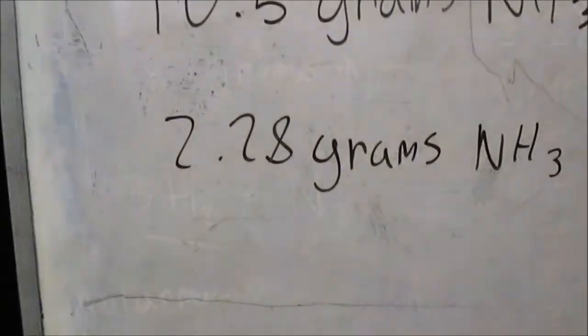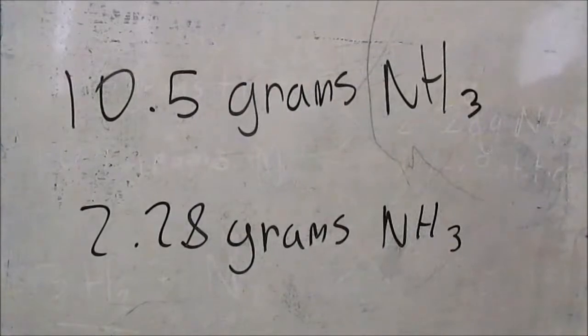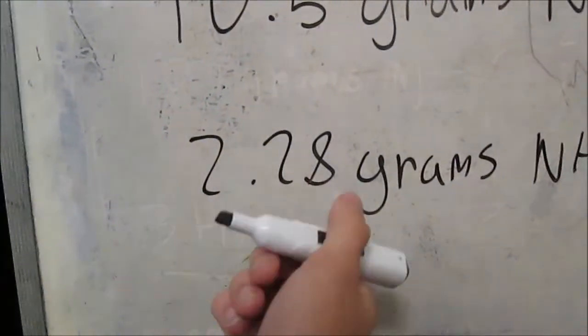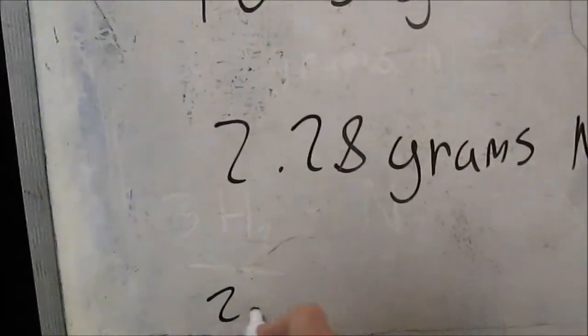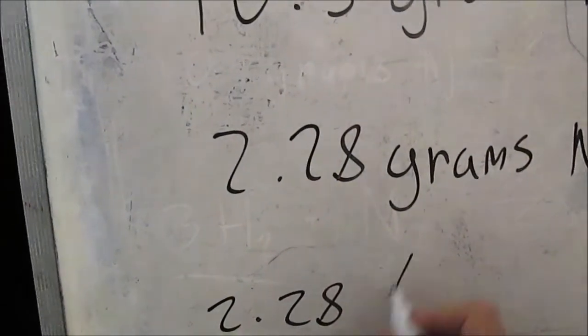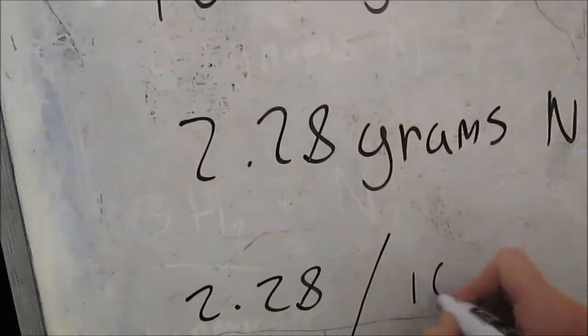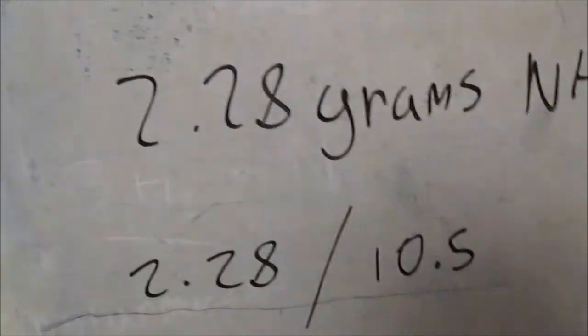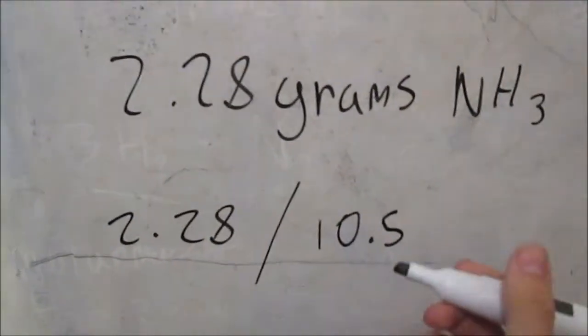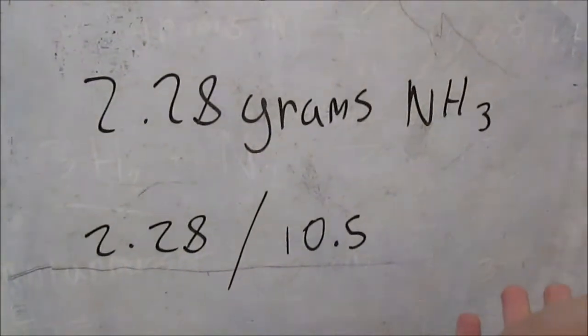So how do we find the percent yield of that? Well, all we do is we take the amount we actually produced, 2.28, and we divide it by 10.5. Any of you who calculate your grades might be familiar with this, because you're just finding basically the grade of what you did.